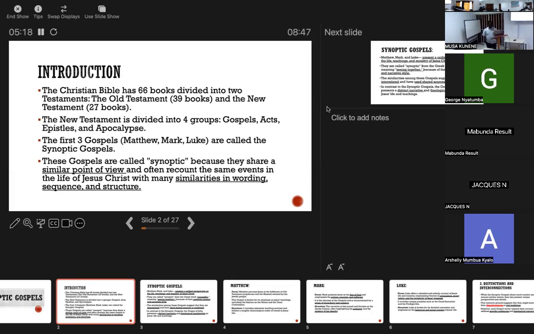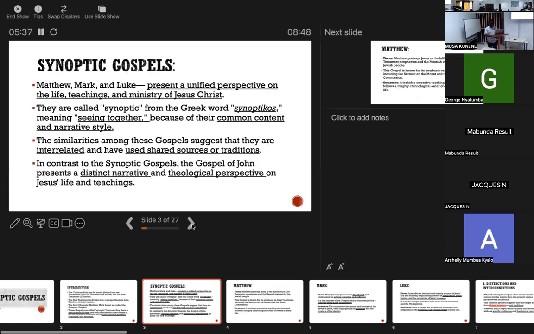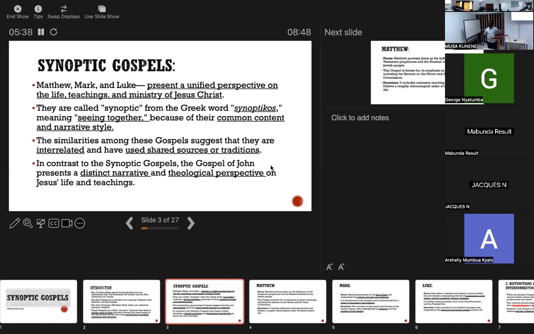So when we talk about synoptic, why are they called synoptic Gospels?